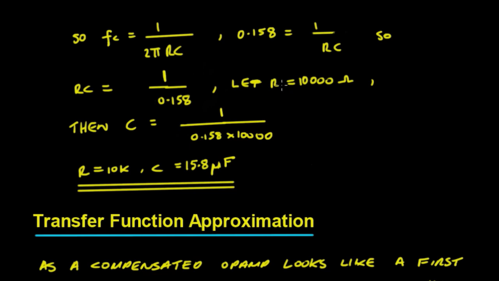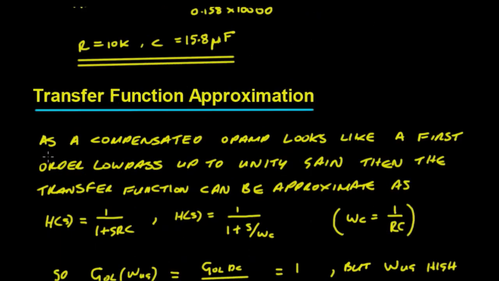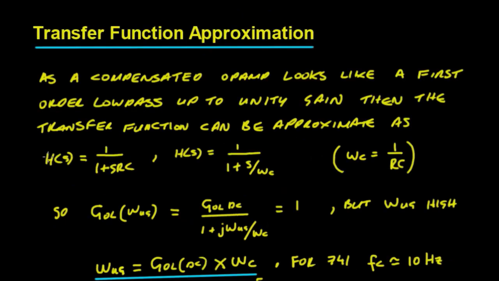So if we let R equal say 10,000, then that would ensure that C would be a value of 15.8 microfarads. So this would introduce a dominant pole at the correct position in order to ensure that we've got 60 degrees of phase margin.